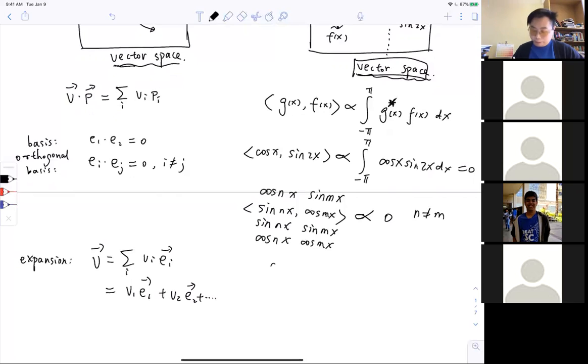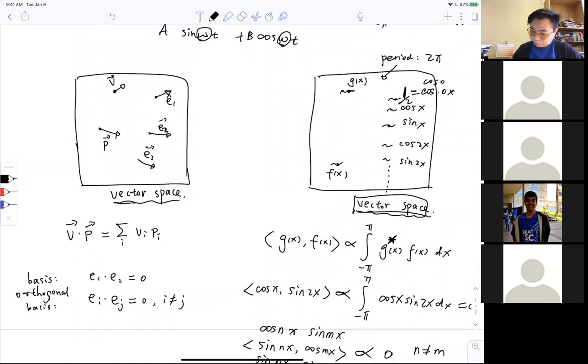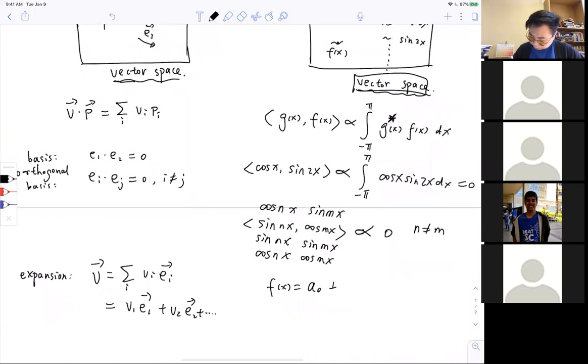Similarly, any function we can also write as A naught. So there's a basis 1, but for convenience, we scale it to 1/2. It doesn't matter. Plus A1 cosine x plus A2 cosine 2x plus dot dot, plus B1 sine x plus B2 sine 2x plus dot dot.